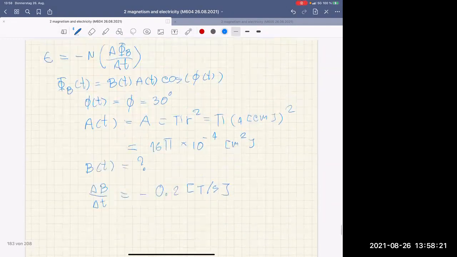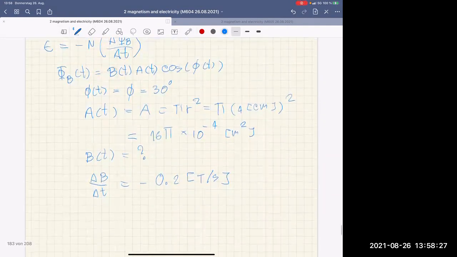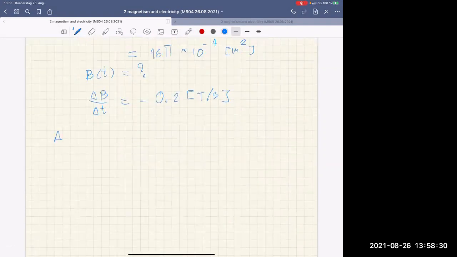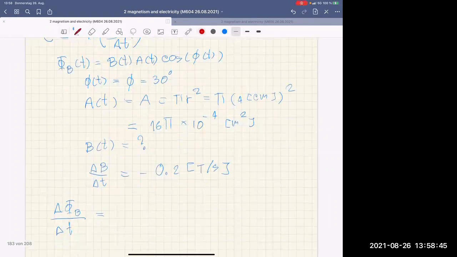What else now, we can apply or use this formula, right? Delta phi B is the main important thing. It depends on the situation in the problem. Delta phi B per time, let's make a conclusion: phi B is going to be A cosine 30 degrees and B(t).